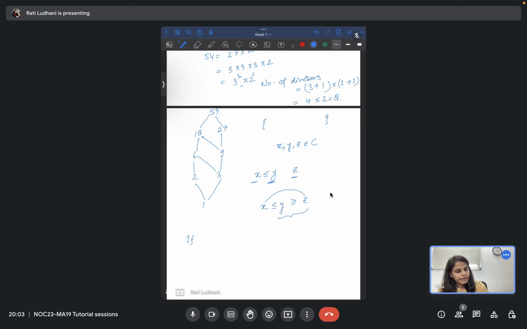If x, y, z belong to a chain, and x is less than or equal to y, and y is greater than or equal to z, then we should get a contradiction.